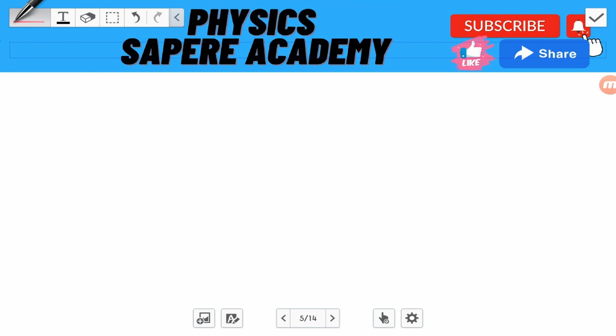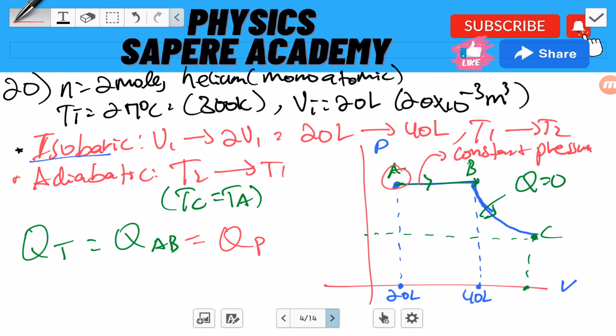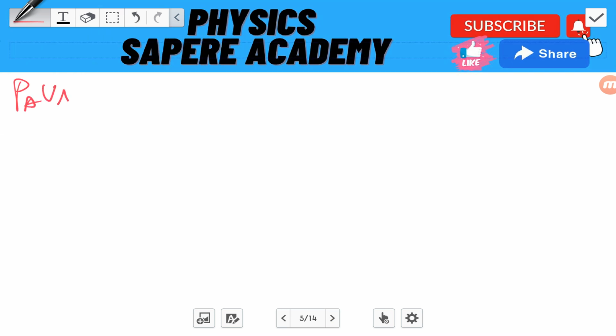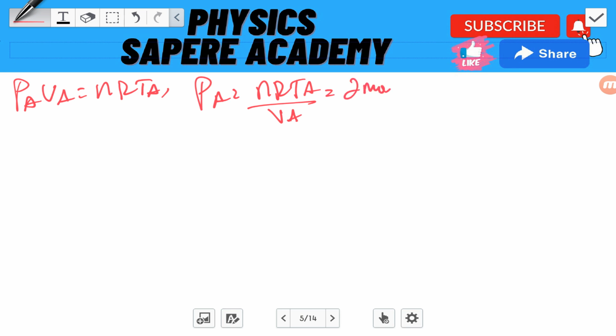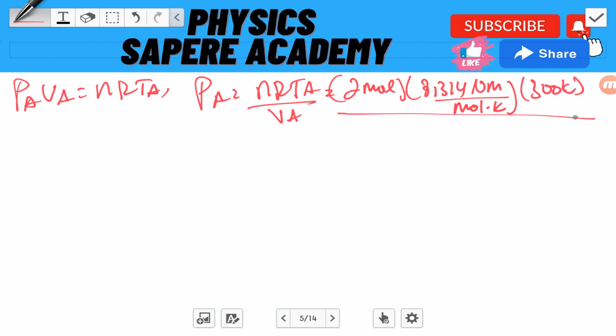So now let us use this to figure out the answer. At position A we have PA VA equals nRTA, so our pressure at A, PA, is nRTA over VA. We have our number of moles, 2 moles, times our R of 8.314 Newton meters per mole Kelvin, multiplied by our temperature of 300 Kelvin, divided by our volume, 20 liters, that's 20 times 10 to the minus 3 meter cubes.